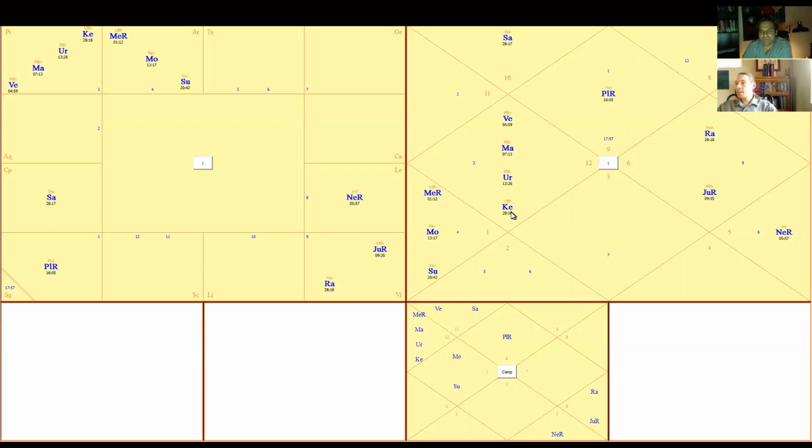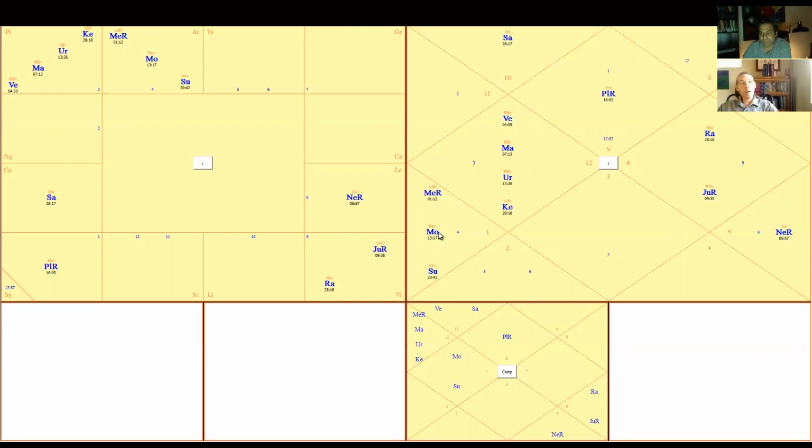And Tajika, from Varshaphala? Yeah, Tajika aspect. In his chart, Neptune is aspecting the Moon and Mercury within their orbs.